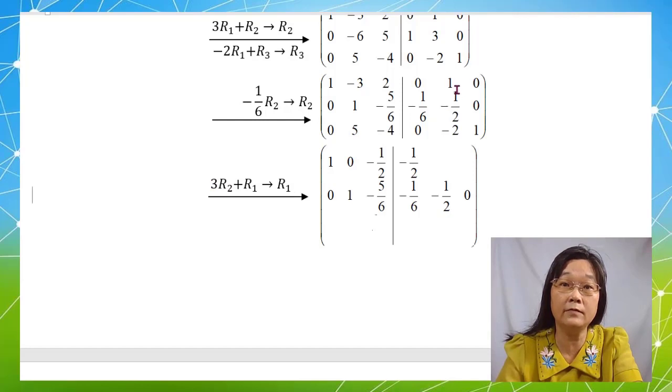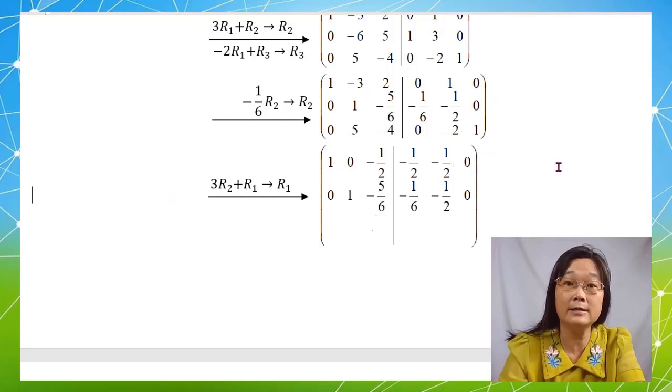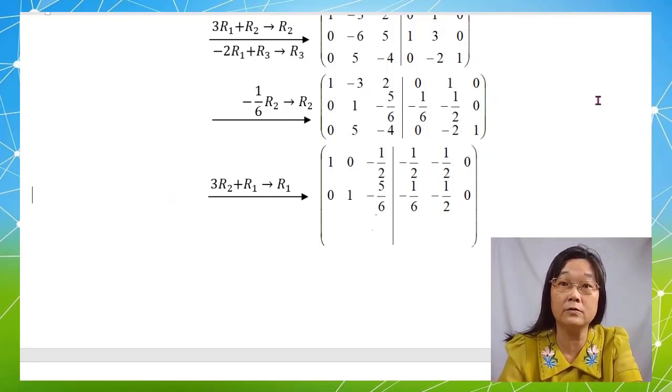It is negative 3 over 2. Negative 3 over 2 plus 1. It is equal to negative 1 over 2. Now the last number in row 2 is 0. 0 times 3, it is 0. 0 plus 0. So now the last number is equal to 0.